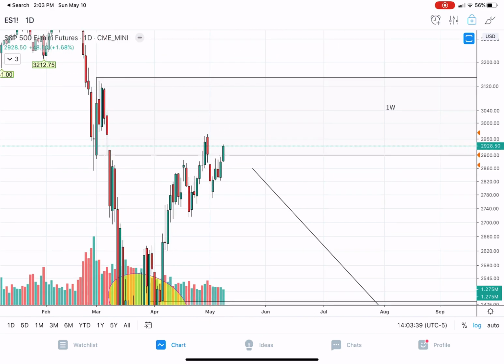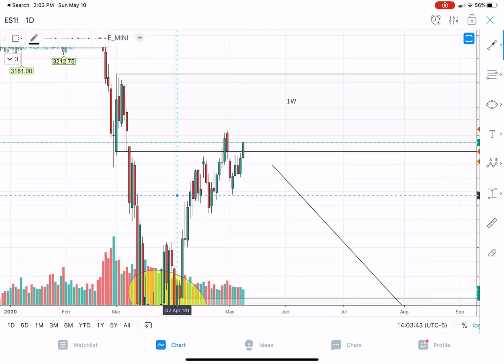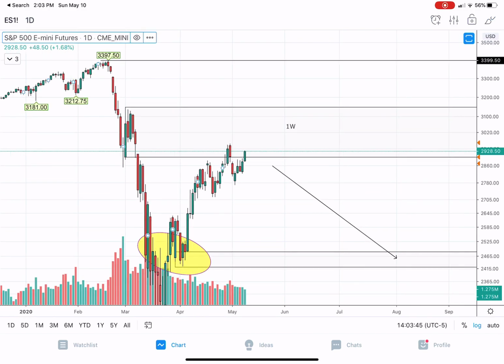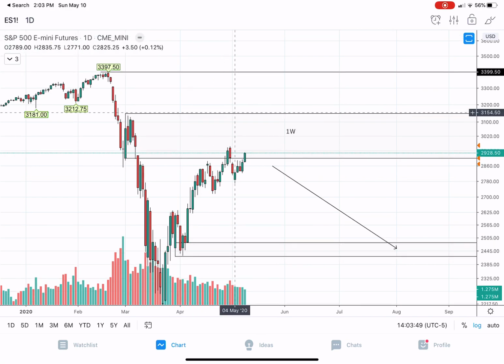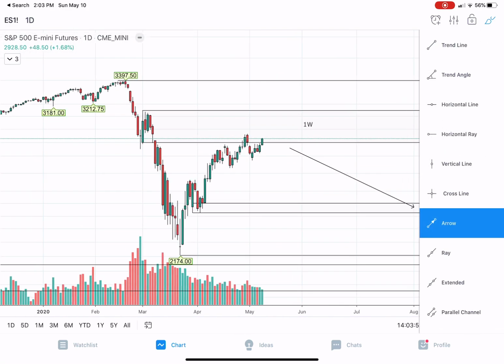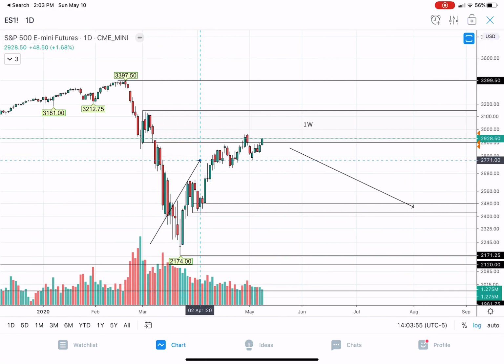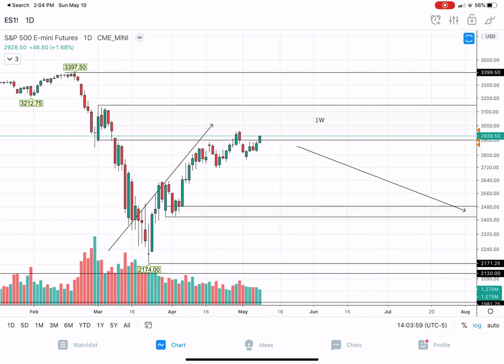So here's our weekly zone right here, and you can see that we get our test. We can see that the weekly supply zone is the upper shaded box in this area, and the market sold off all the way down to this area, and then we got a retest back into the weekly imbalance right here.